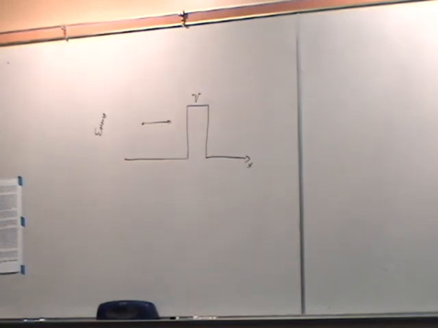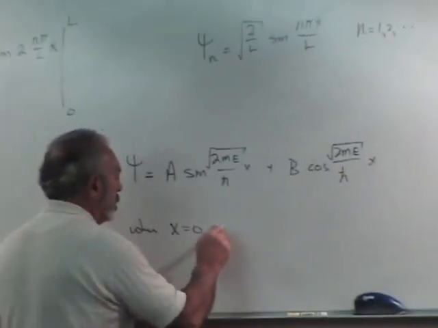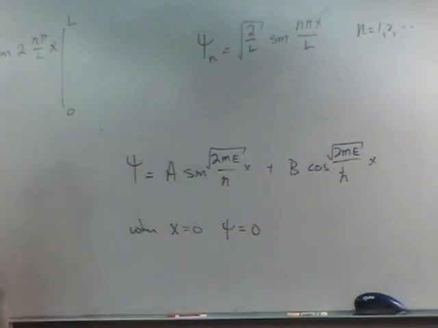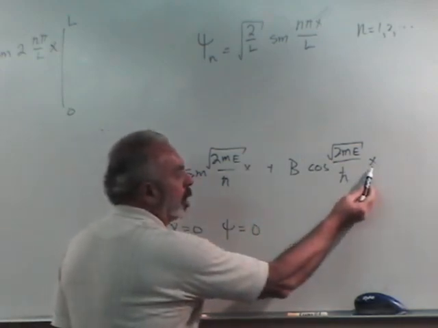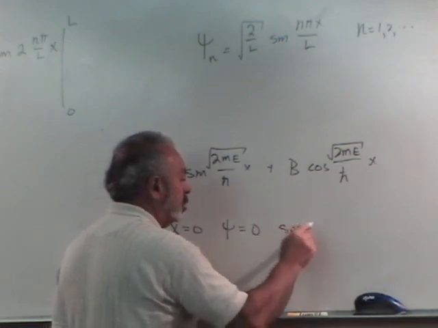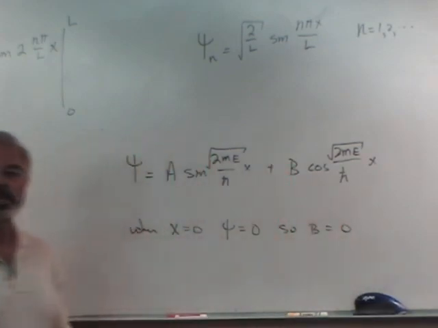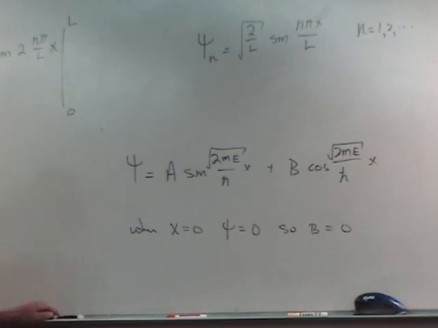Psi equals A sine plus B cosine, and then we apply the boundary condition that says when x equals 0, psi must be 0. When x equals 0, the only way to make this 0 is for B to be 0. The only way to do it is kill that term. So he asked a critical question. Any other questions? That's a good one.